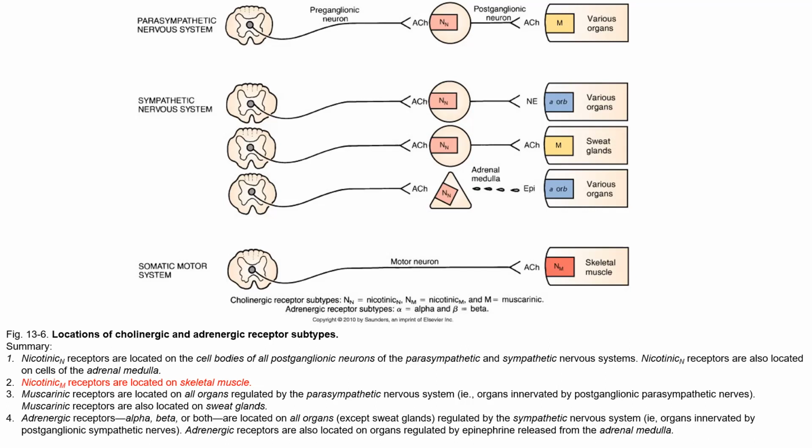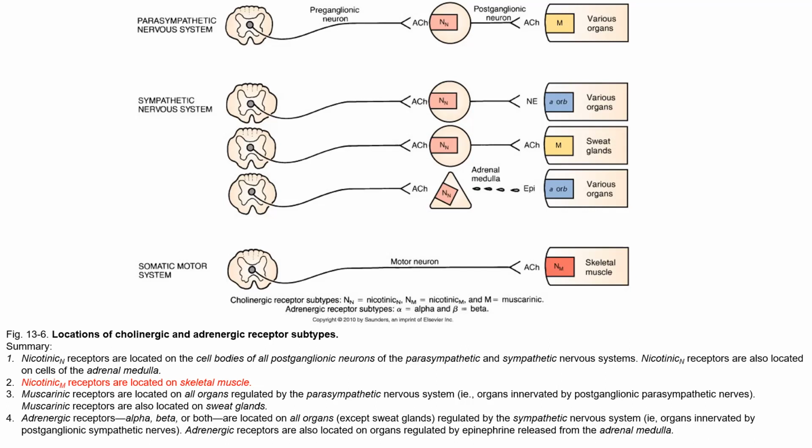We don't have anything under alpha or beta under the parasympathetic. So alpha and beta are under the sympathetic nervous system. These subtypes of alpha or beta, 1 or 2, are called adrenergic receptors.